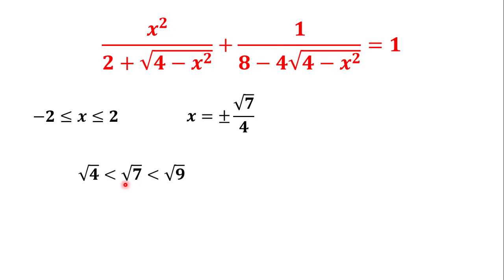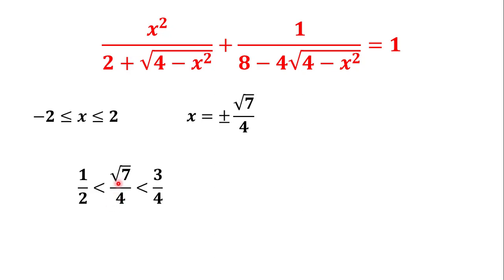The square root of 7 is less than the square root of 9, and greater than the square root of 4. And as you know, the square root of 9 equals 3, and the square root of 4 equals 2. So if we divide every side by 4, we're going to get the square root of 7 over 4 is less than 3/4, and greater than 2/4. 2/4 equals 1/2.